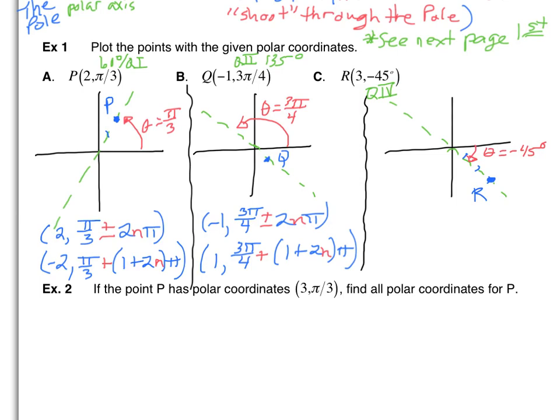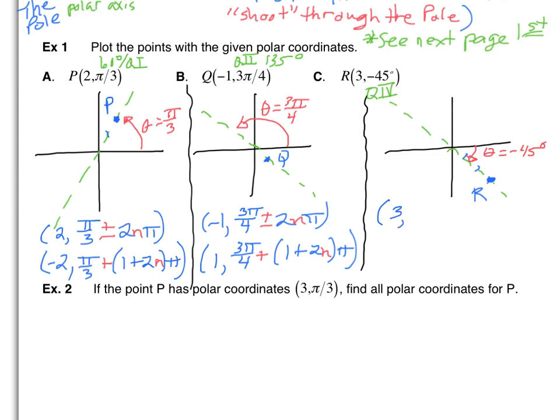I want you to write down what you think all the possible polar coordinates for R could be. I'm just using these right here, but you got to know them. I won't give them to you. First one's always easy. All right, so what are we doing for our first?